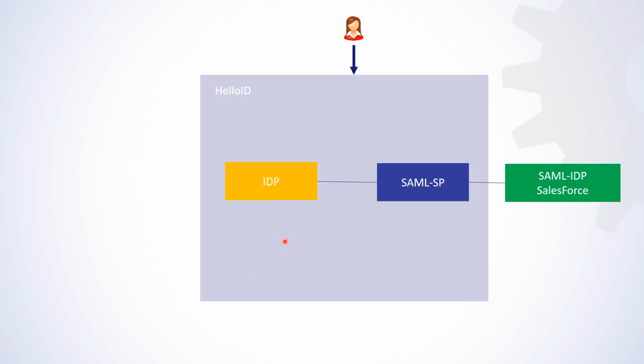So let's take this one as the example, the SAML IDP. If I configure it this way in HelloID, then I basically identify myself inside Salesforce. Then I get a SAML session, and then I'm also identified in HelloID.